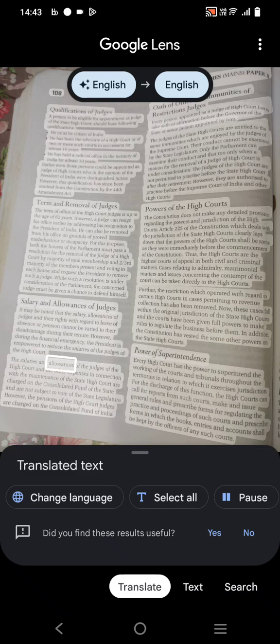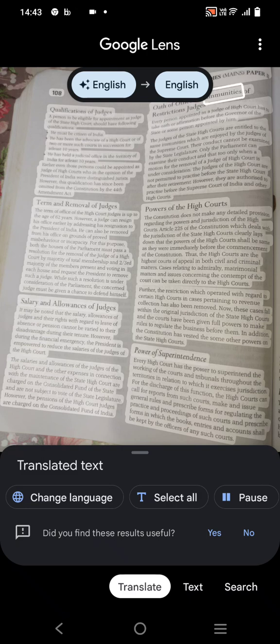The salaries and allowances of the judges of the High Court and the other expenses in connection with the maintenance of the state High Court are charged on the consolidated fund of the state and are not subject to vote of the state legislature. However, the pensions of the High Court judges are charged on the consolidated fund of India.